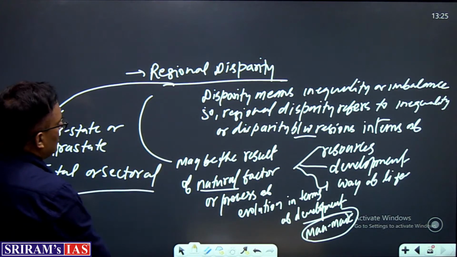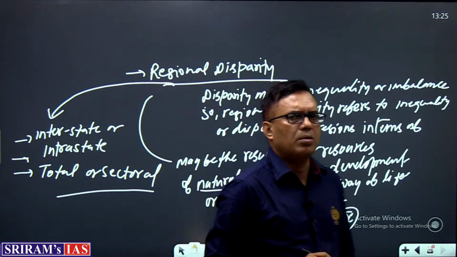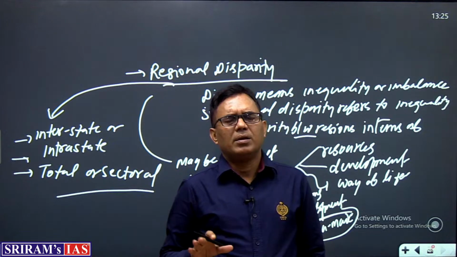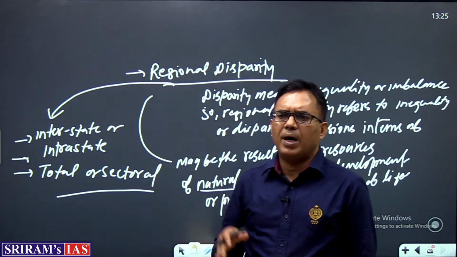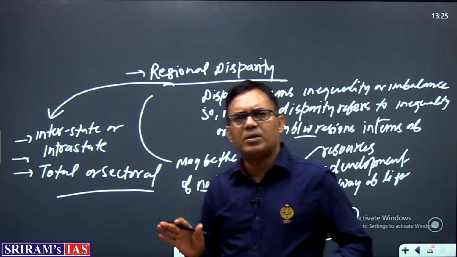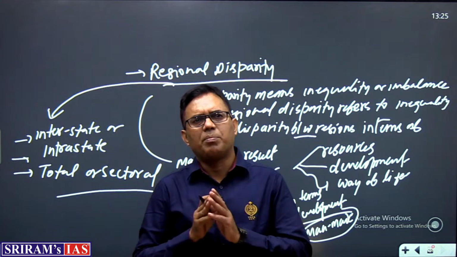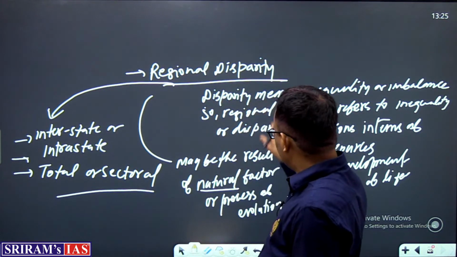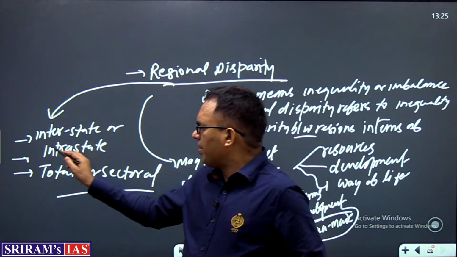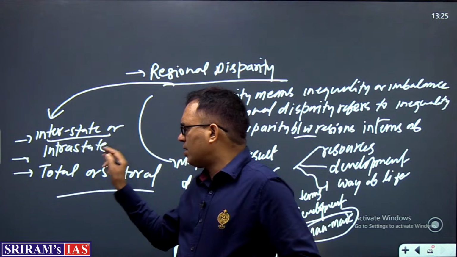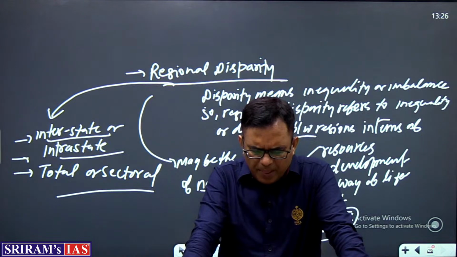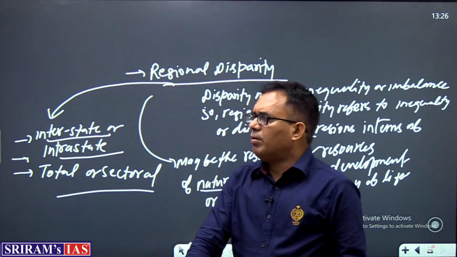Intrastate disparity means disparity within the state, like the demand in the Vidarbha area of Maharashtra, or earlier when Bihar and Jharkhand were together, Jharkhand was there. So some areas within the same state have inequality in one part. So we are supposed to mention first this definition, thereafter why this happened, and thereafter that it may be reflected in terms of interstate, intrastate, total disparity or the sectoral factor.